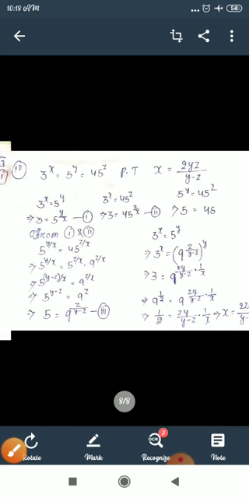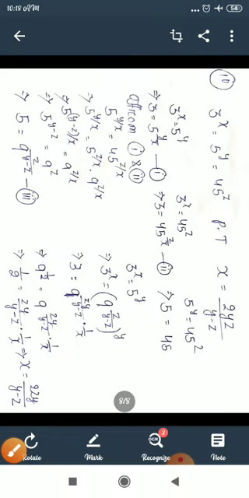Now 3 equal to 9 to the power, this one you have to multiply the exponents, zy by y minus z, and this one will become 1 minus 1 by x.